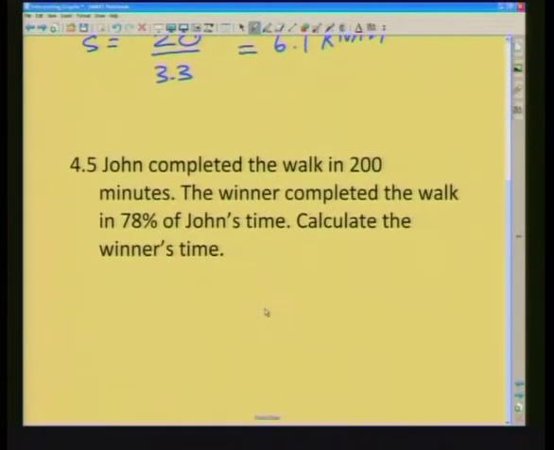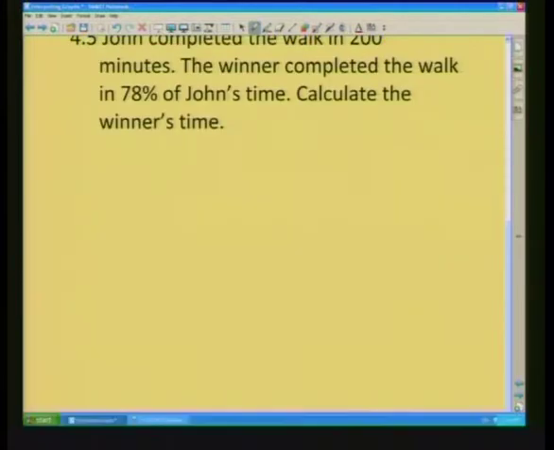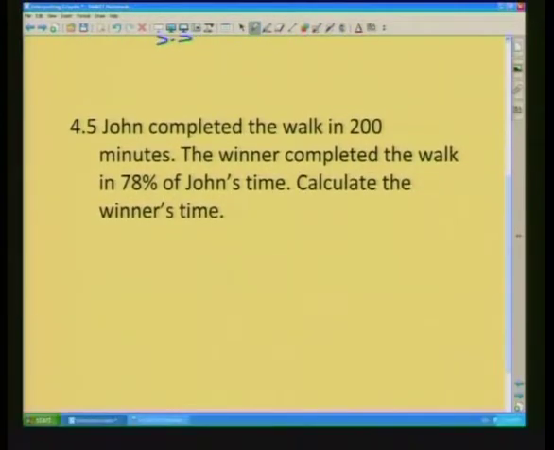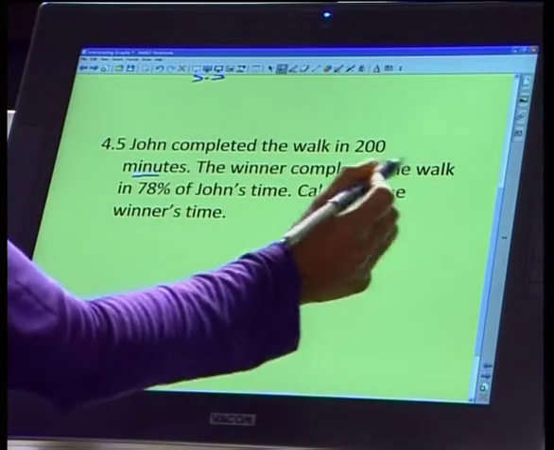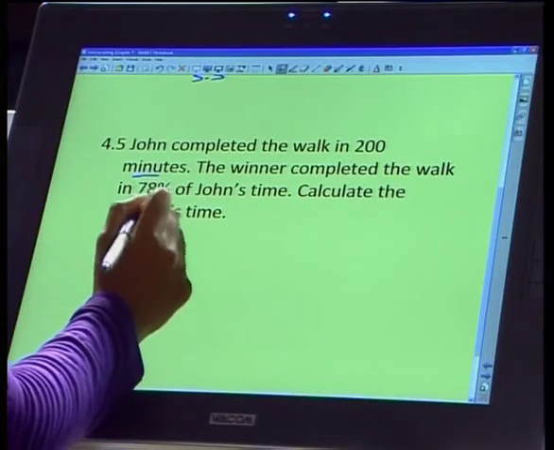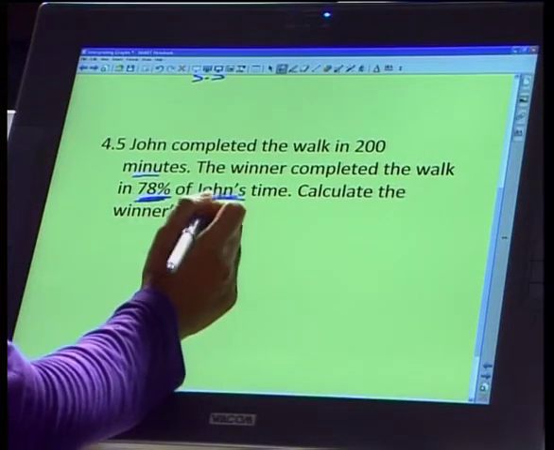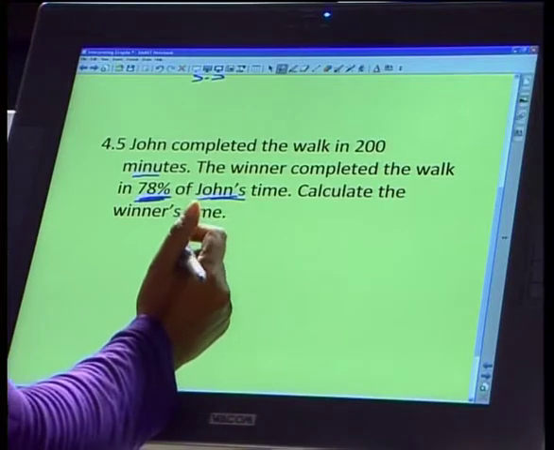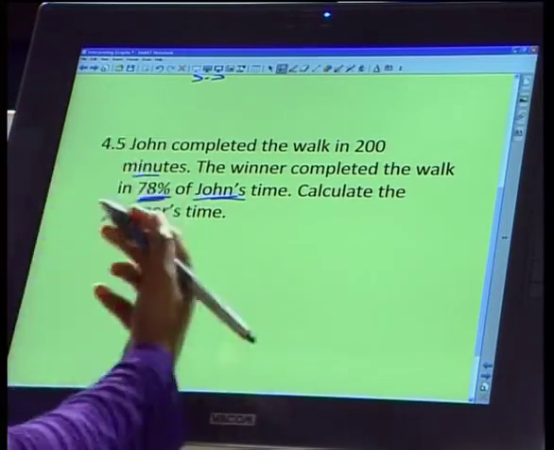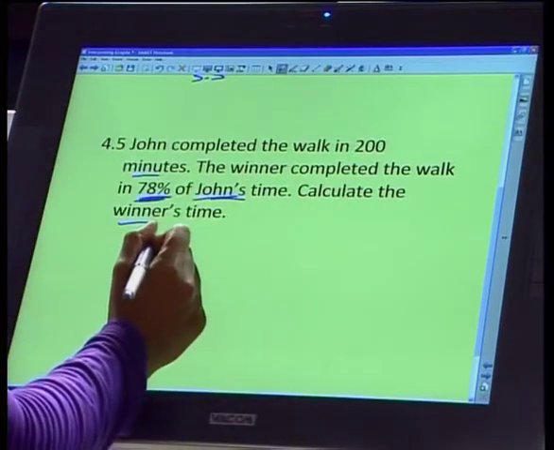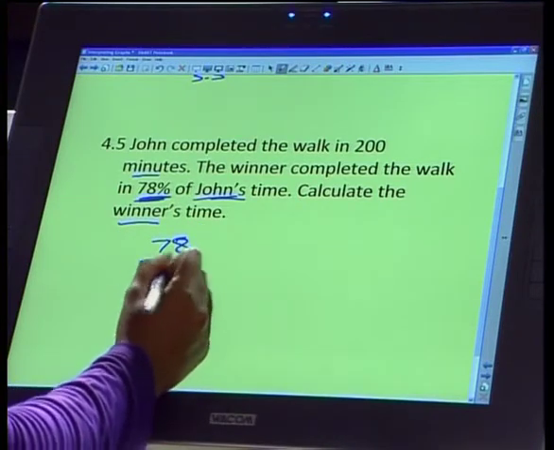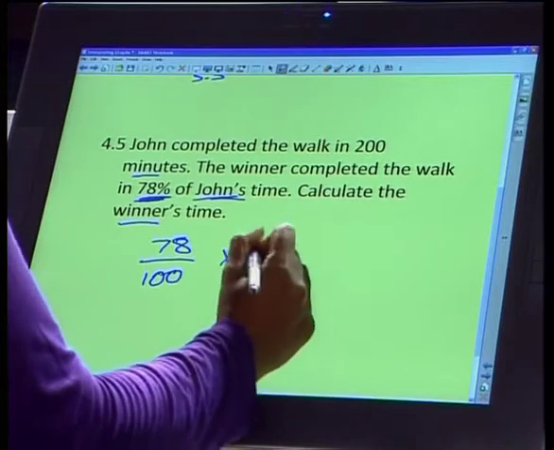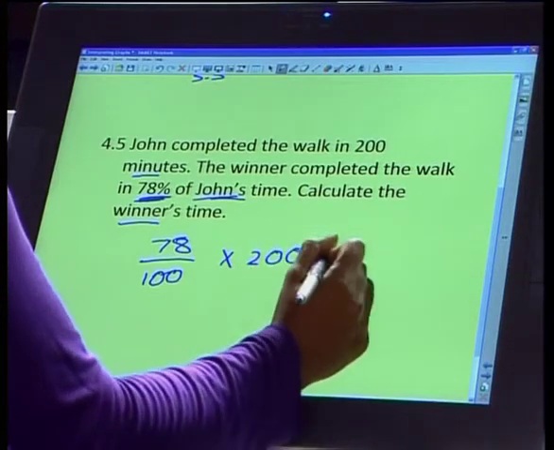Now, in the last part, they ask us to work out the winner's time if John completed the walk in 200 minutes and the winner completed the walk in 78% of John's time. So if I would like to work out the winner's time, because I know it's a percentage of John's time, all I've got to do to find a percentage is take 78 divided by 100 and then times it by the number of minutes.